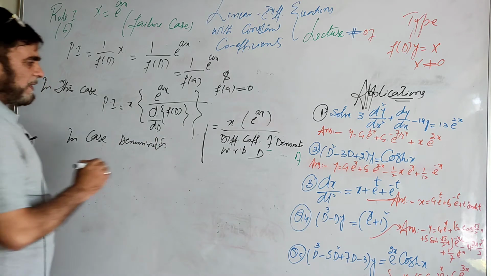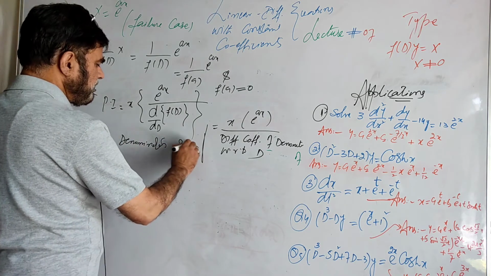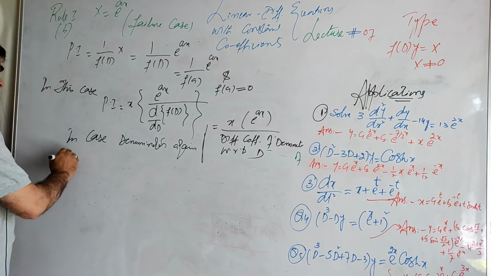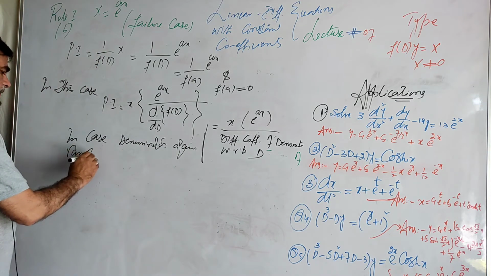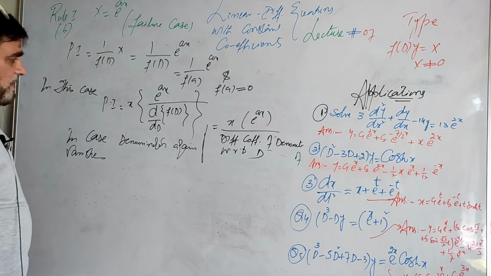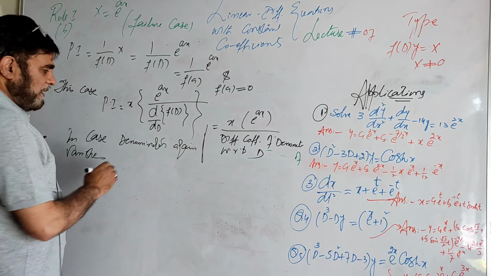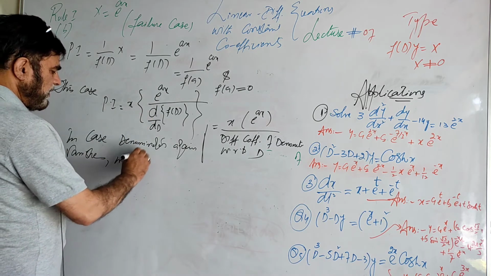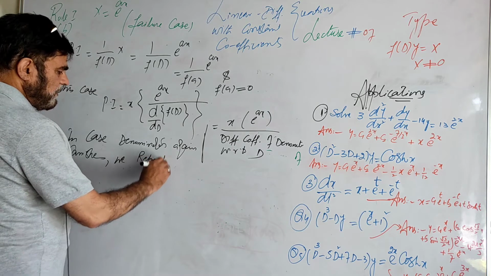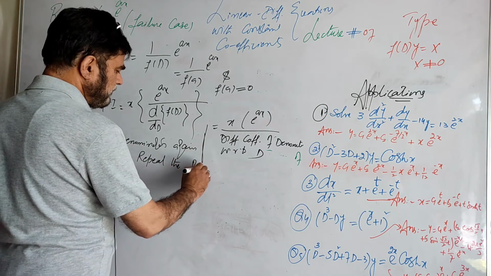In case the denominator again vanishes, we repeat the process.